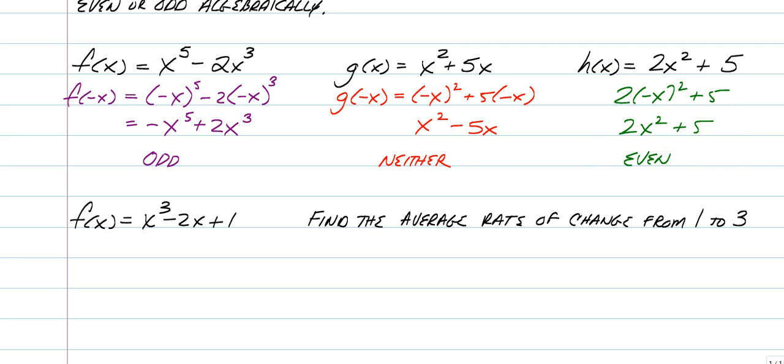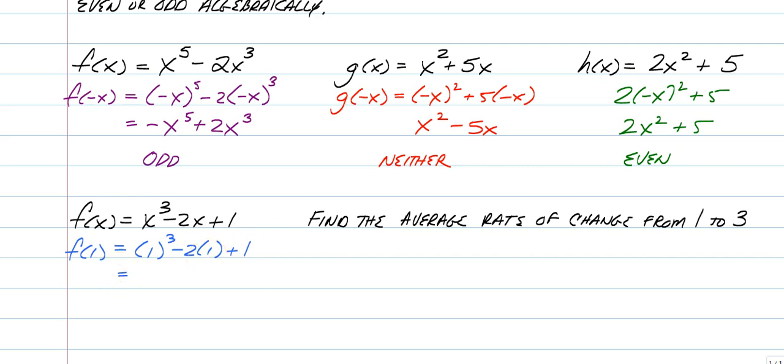Okay? So while we're substituting things in, I just wanted to take a quick moment to talk about finding the average rate of change from a certain part of the function. So to do this, we're going to use substitution and then use the rate of change formula or slope. So what we're going to do first is find f of 1. And that just means 1 cubed minus 2 times 1 plus 1. And all we have to do is evaluate that.